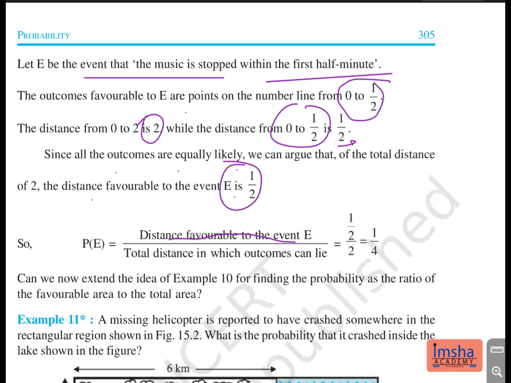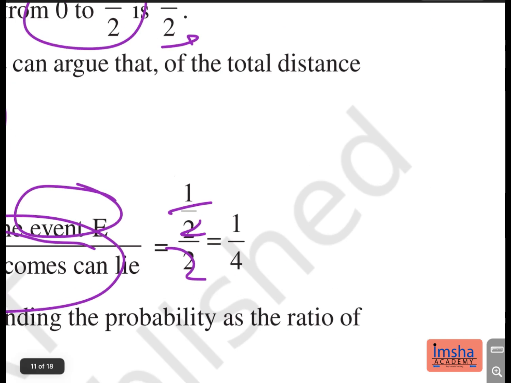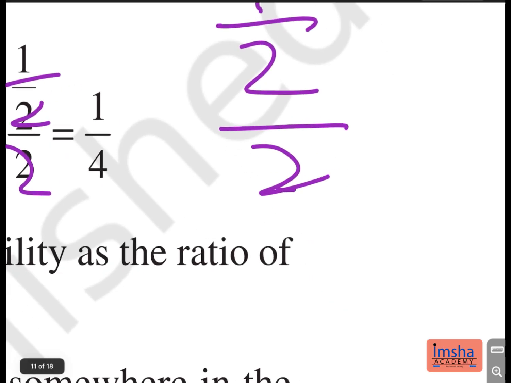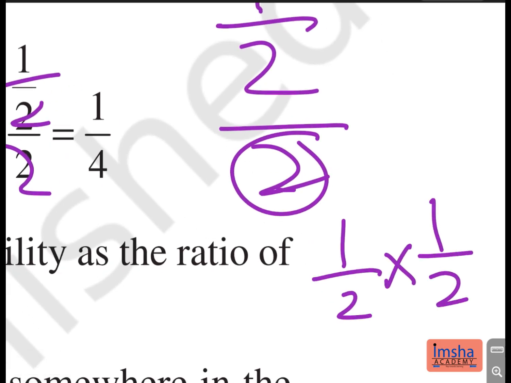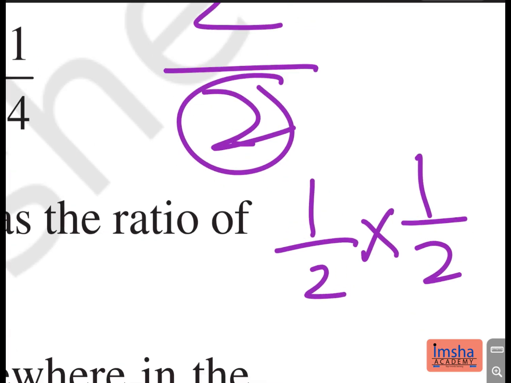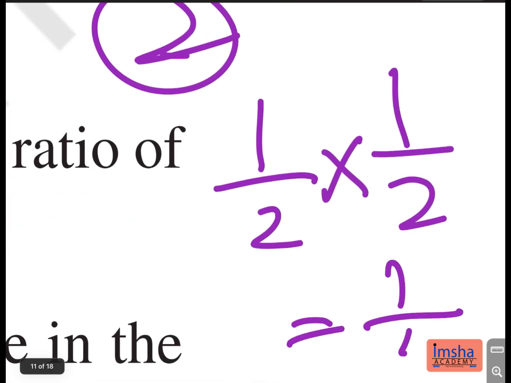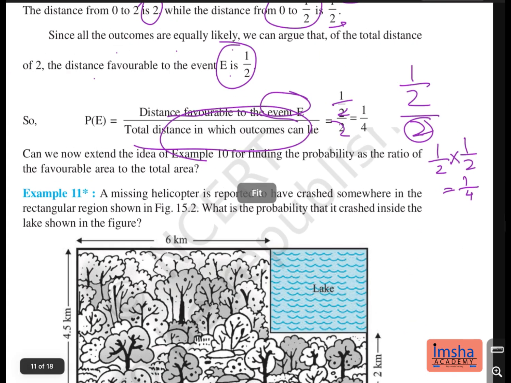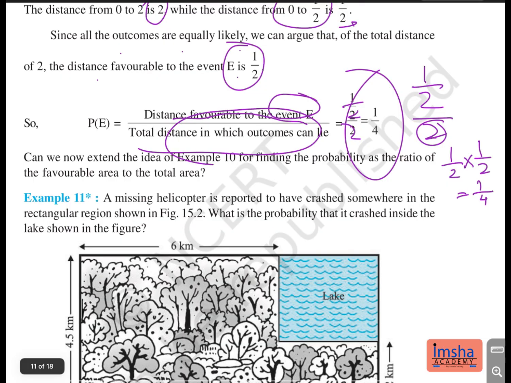So 1 by 2 divided by 2 is 1 by 2 into 1 by 2. When 2 comes under division, it becomes its reciprocal. So the answer is 1 by 4. I hope this is clear to you.